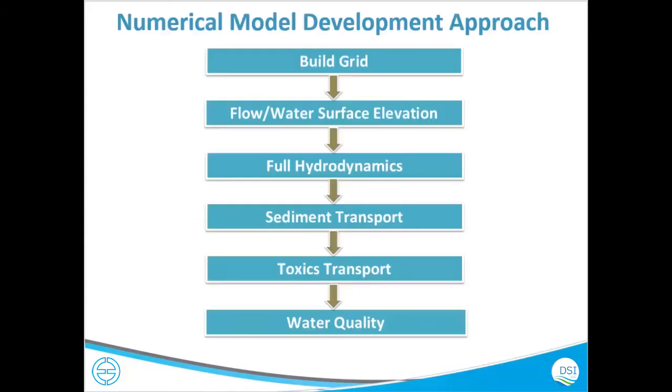So the numerical approach is, first you create a grid for the model, then you assign the incoming flows and surface elevations, then you run the hydrodynamic model. Before running sediment transport and toxics, it's important to get the hydrodynamics right. You need to get the flows right in order to get the sediment loads right, because loads are flows times concentration. So it's wise to do only the hydrodynamics first, then sediment transport, then toxics, then water quality.